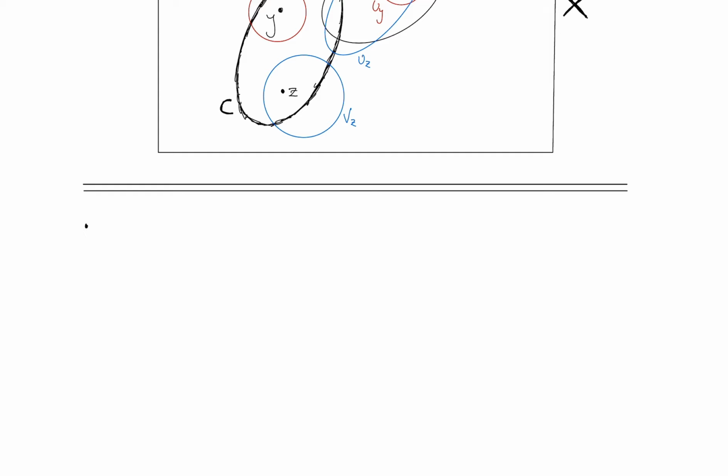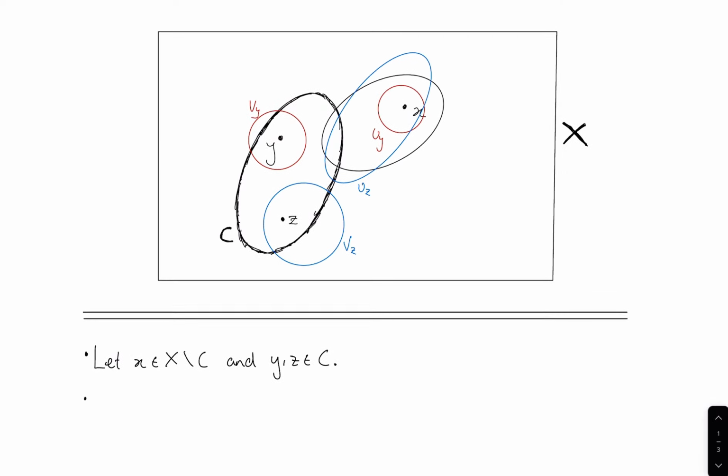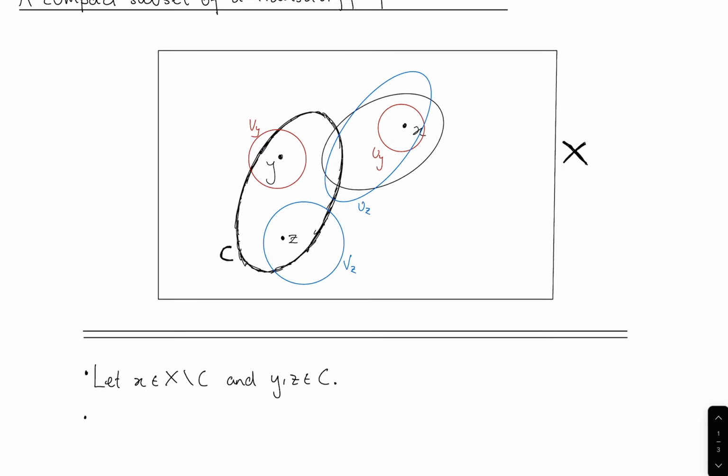So let's define a point in the complement. Let X be an element of the complement, and we let Y and Z be points within the subset C. Now we know that X is a Hausdorff space. So what does that mean?